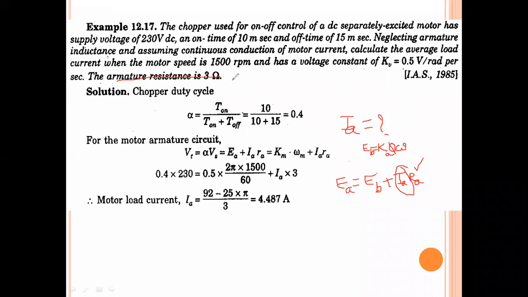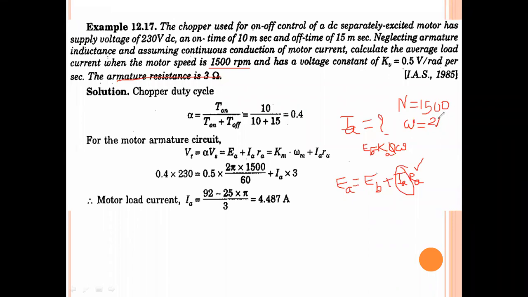Omega we know because the speed is 1500 RPM. So N is equal to 1500 RPM. We have to convert this RPM into omega. So 2 pi N by 60 will give omega, because omega is 2 pi N by 60.